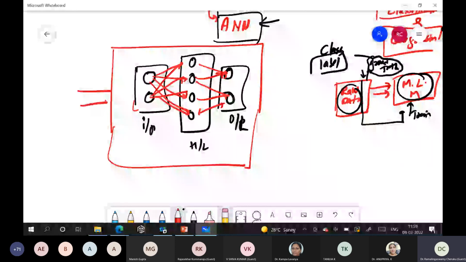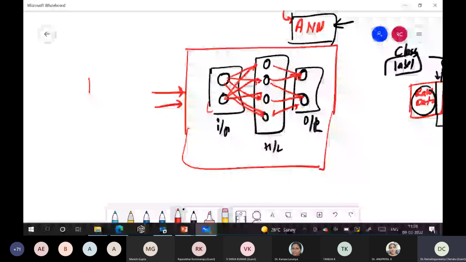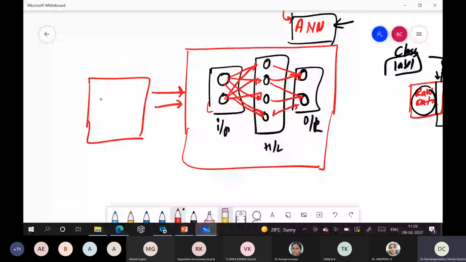So when I am given this ANN model and any data, suppose there is raw data, this raw data has some class label, the ground truth information. This raw data comes with class labels.